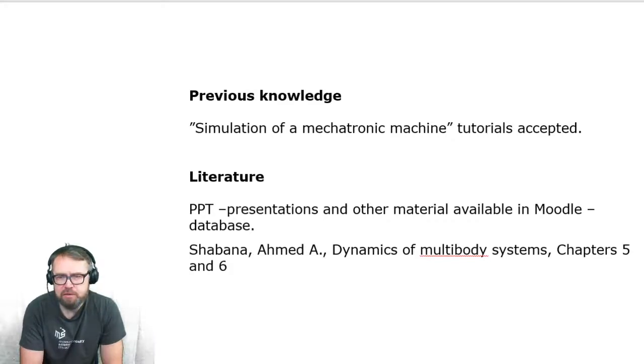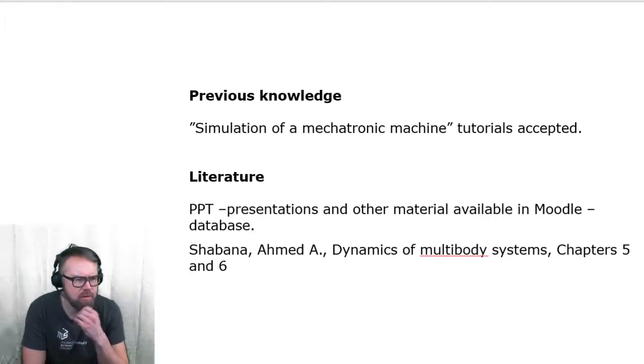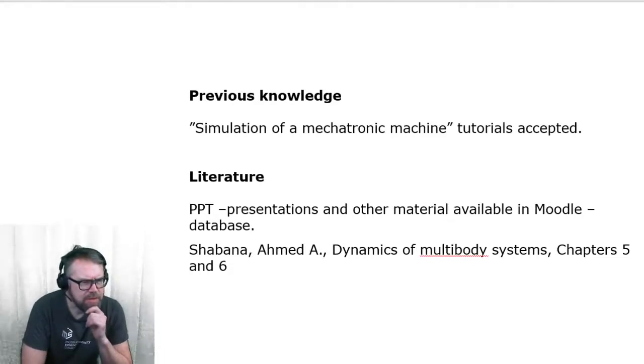Then there's a book made by my former supervisor, Ahmed Shabana. This book is an awesome book, of course. It's a great book, but it's not so easy to follow. It requires somewhat deep prior understanding of multi-body system dynamics. But if you want, you can take a look.